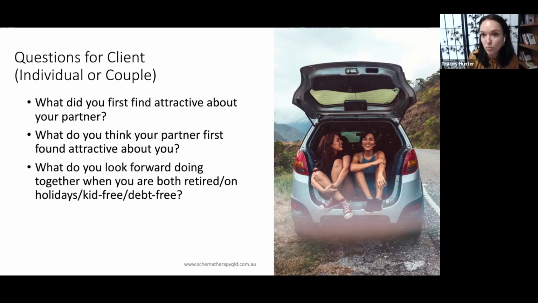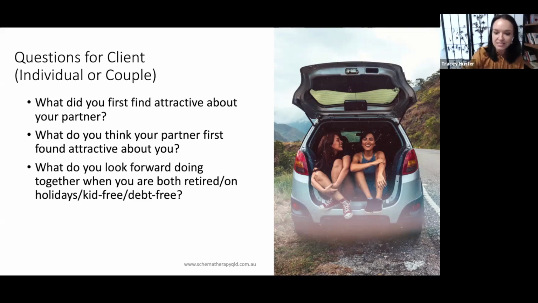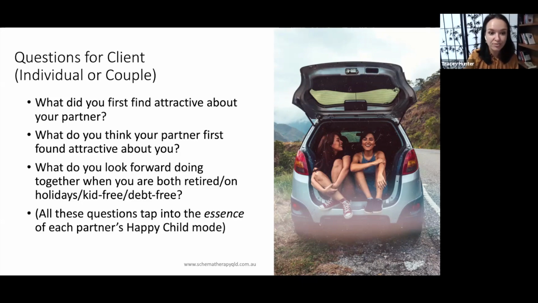That might be one couple's idea of them in the happy child mode. Another couple might say, well, I see us traveling around and going on adventures. And another couple might say, oh, we would just create a business together or whatever. But the point is that this question itself taps into the essence of each partner's happy child mode.